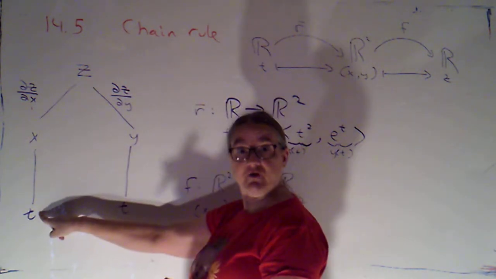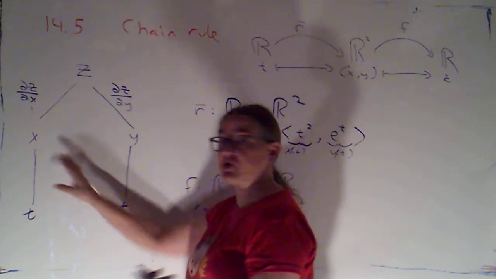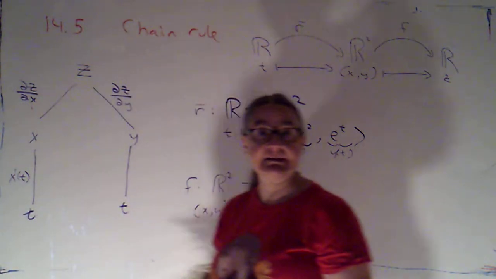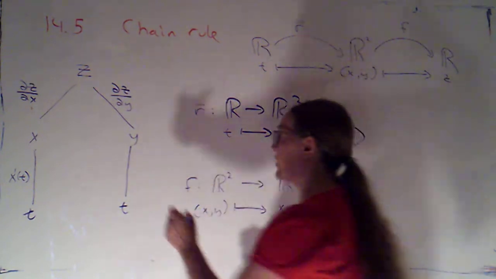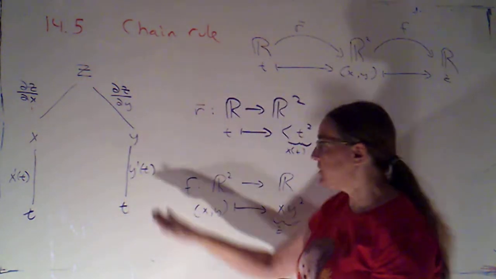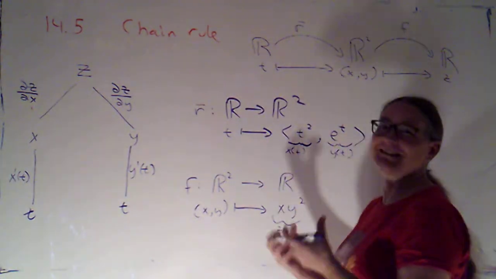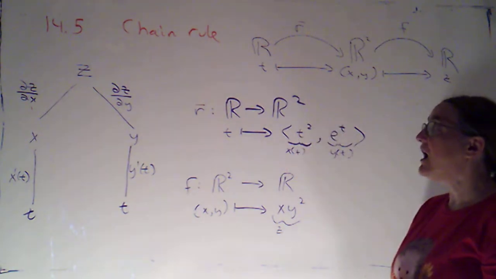X is a function of just one variable, so this is going to be a full rather than a partial derivative. I can just write that as x prime of t. Same thing here, y is a function of just one variable, so I can write that as y prime of t. You'll notice these are the two components of r prime of t, since x and y were the component functions of r.